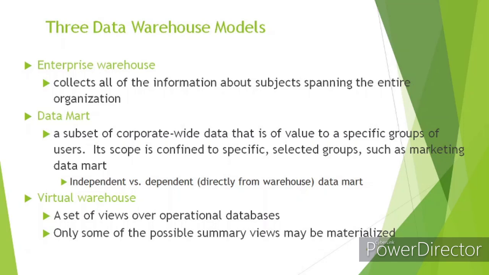So its scope is confined to specific or selected groups. For example, the marketing data mart is limited to the marketing people. It also contains independent versus dependent data marts, where dependent ones are sourced directly from the data warehouse.